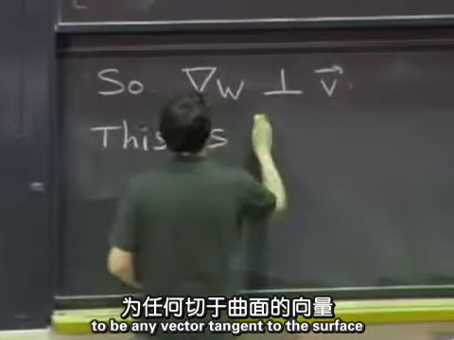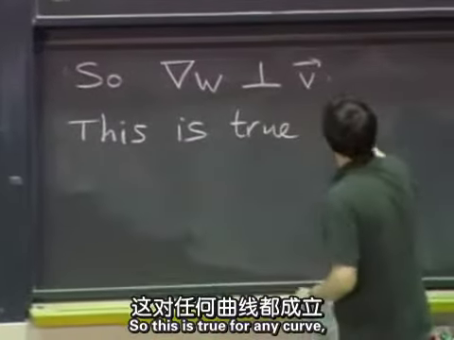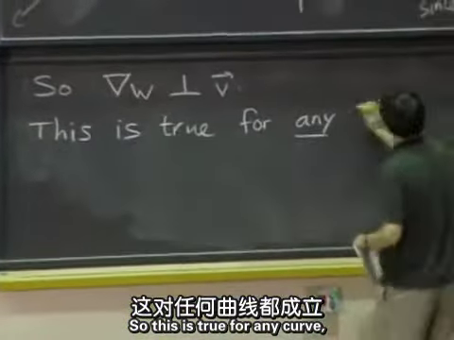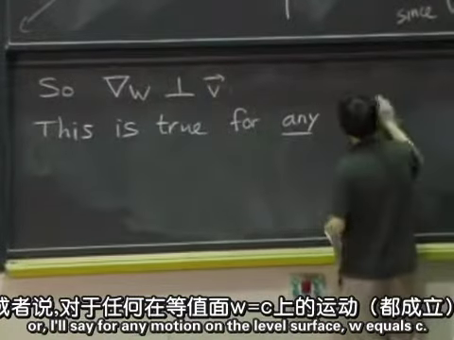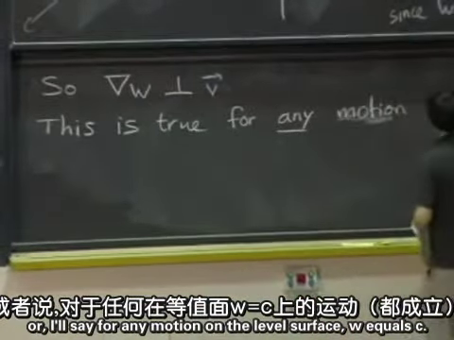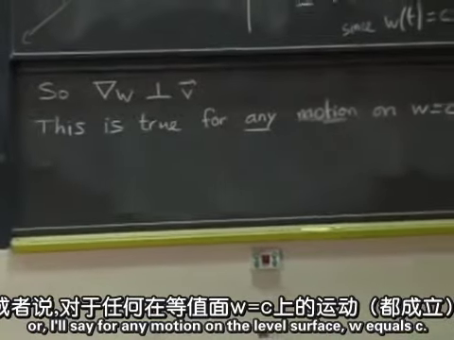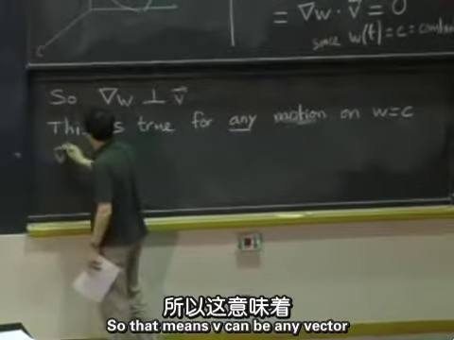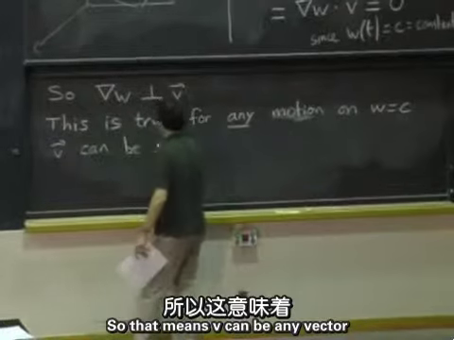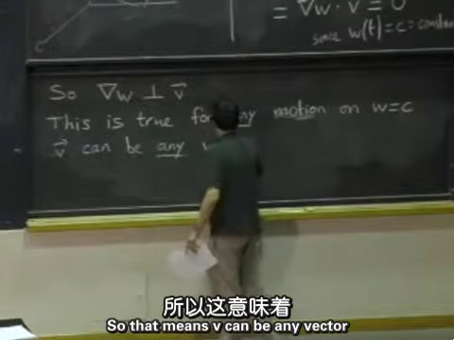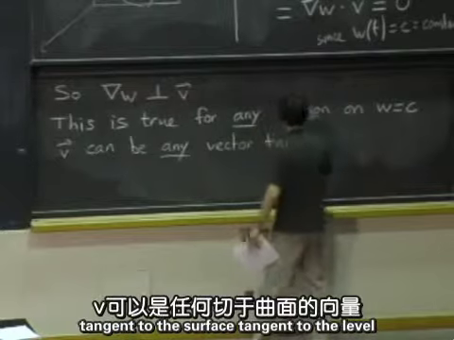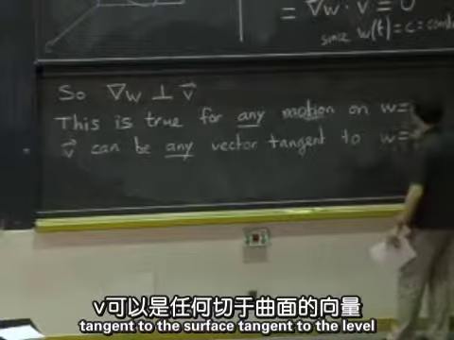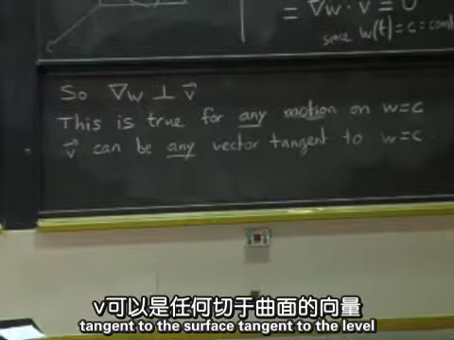Okay, so let's write this. This is true for any curve, well, maybe say for any motion on the level surface W equals c. So that means V can be any vector tangent to the level c.